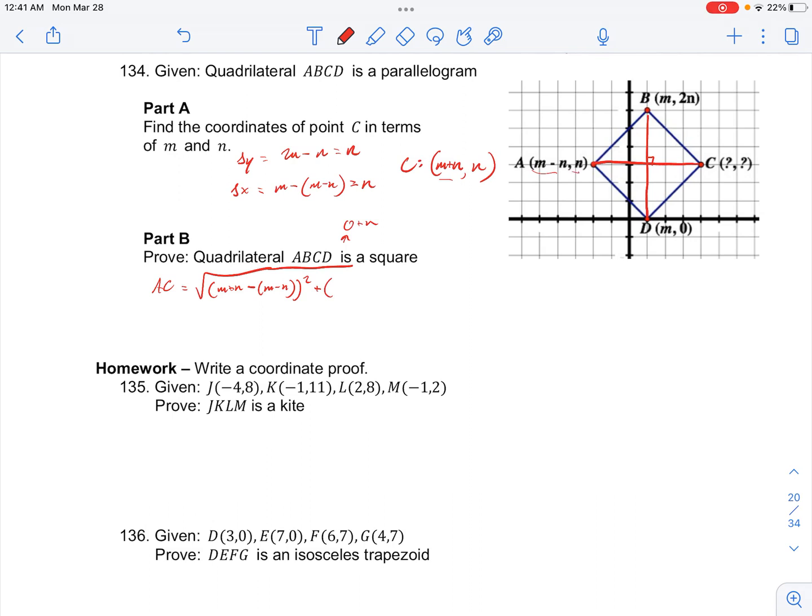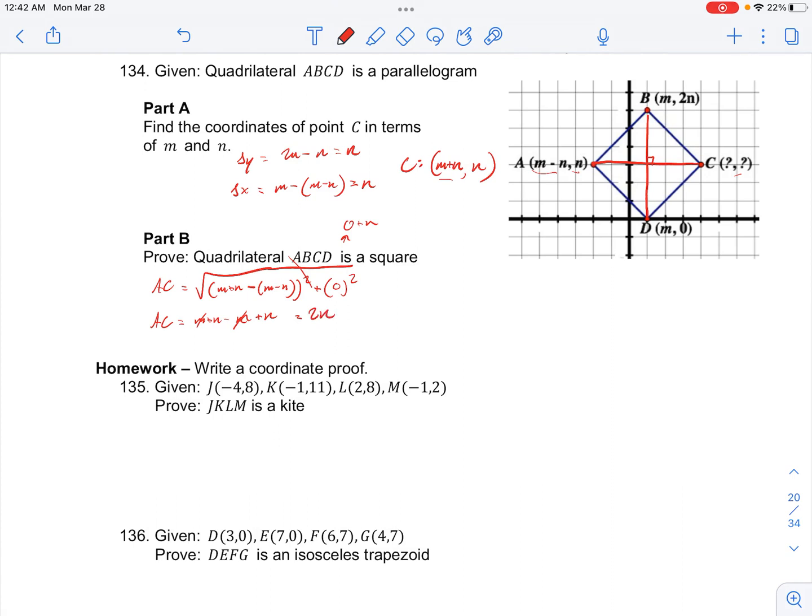The change in y is the same, n and n, so that's just 0 squared. We're looking at only one term, which is squared and under a square root, so that will cancel. So AC is just m plus n minus m, minus negative n, so that will be plus n. These m's cancel, and AC has a length of 2n.